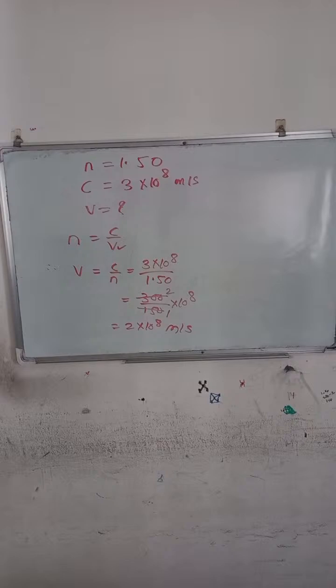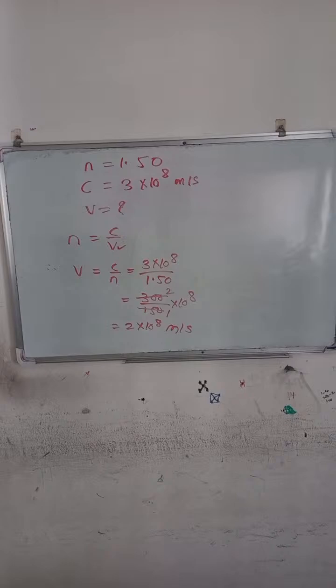What is the meaning of this statement? Okay, so I will repeat this question. The refractive index of a diamond is 2.42. What is the meaning of this statement?